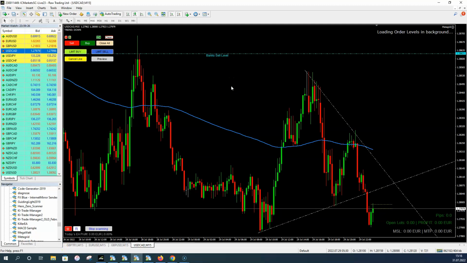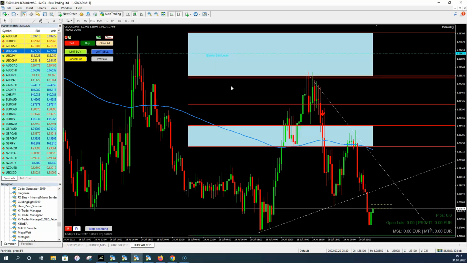If you want to have only one trade at the same time, of course you can put it on only one chart. If you want to have only 2 trades at the same time max, then you put it on only 2 charts, but the normal setting is to add the auto trader on 4 different charts.